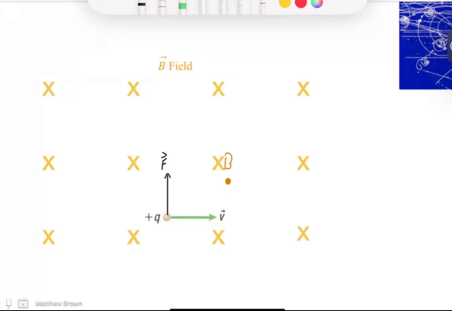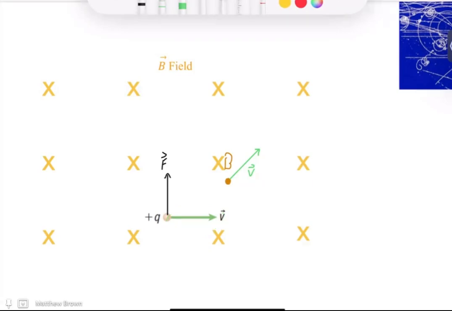So maybe it ends up at B, and the velocity when it gets to B should be about like that, maybe. It's still got the same x component, nothing's affected that. But it's had a force, so it's been accelerated in the up direction. So it might look something like this.